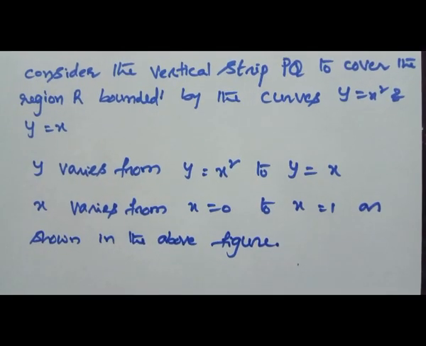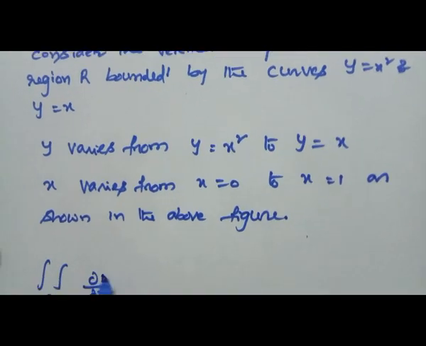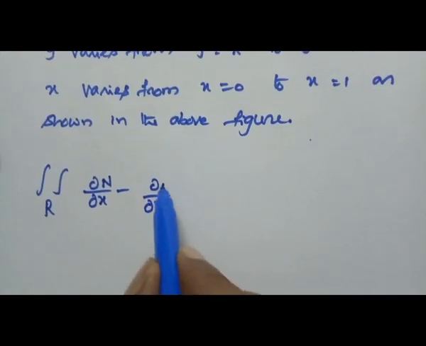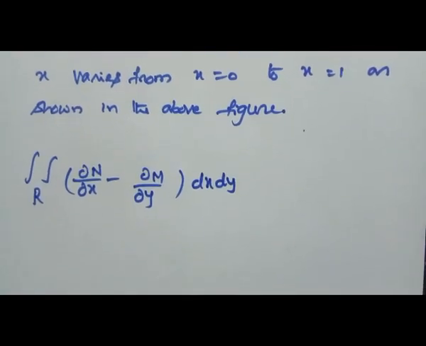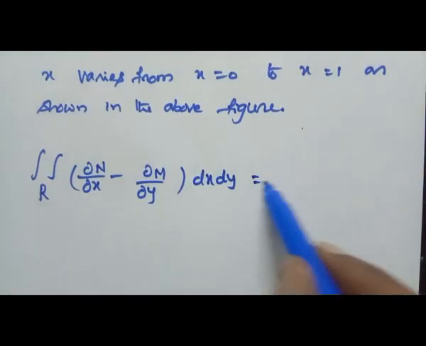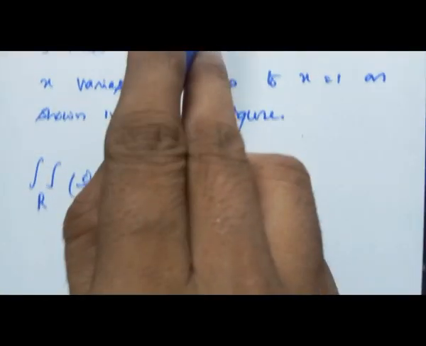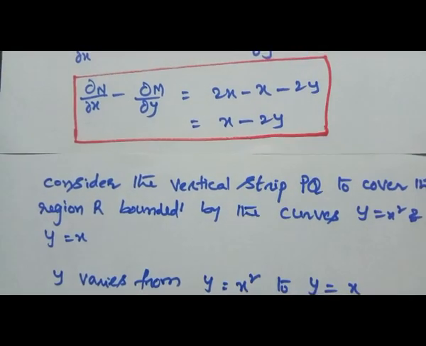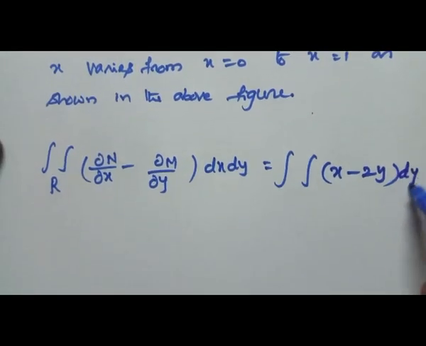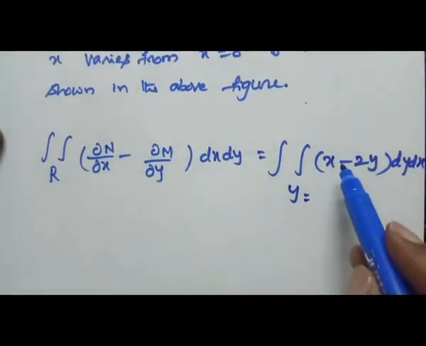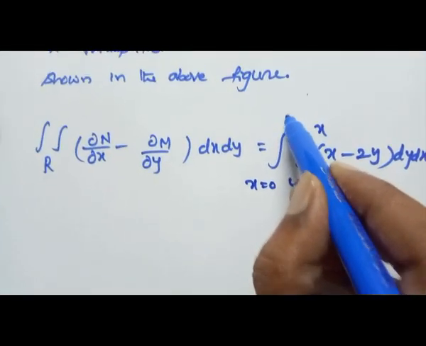Therefore, now the double integral over R of dou by dou x of n minus dou by dou y of m, dx dy, is equal to the double integral of x minus 2y, dy dx, since the y limits are x square to x and the x limits are 0 to 1.